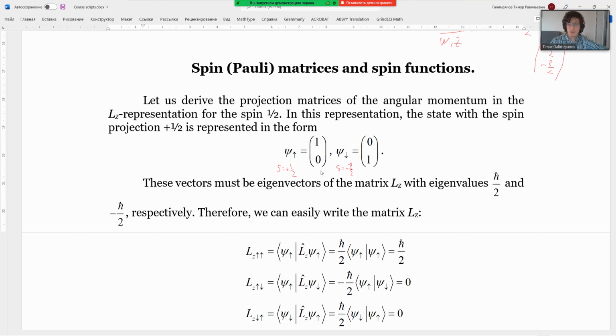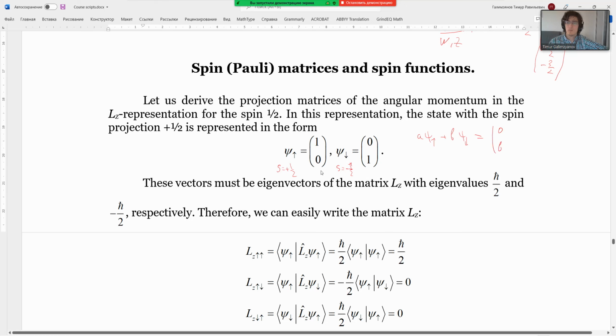An arbitrary superposition of the states, A psi up plus B psi down, can be denoted as (A, B), where A squared gives us the probability to find the particle in spin up, and B squared gives us the probability to find the particle in spin down.